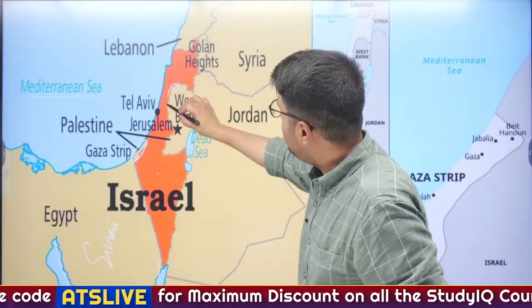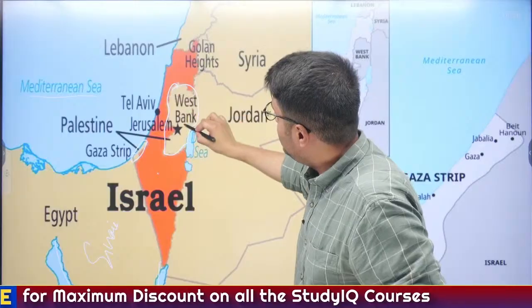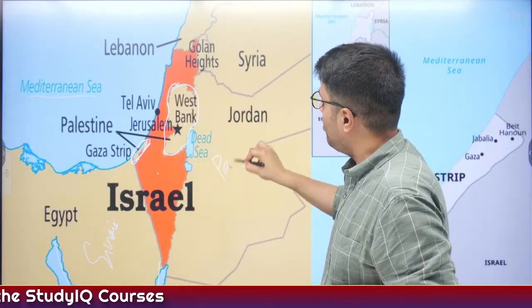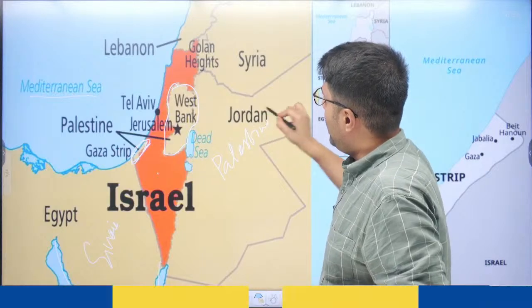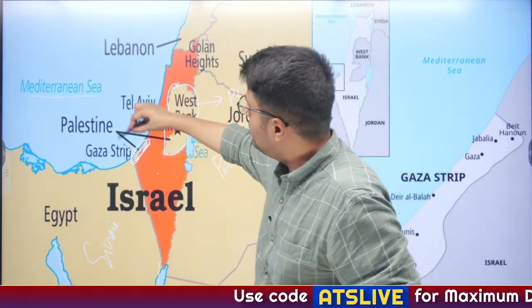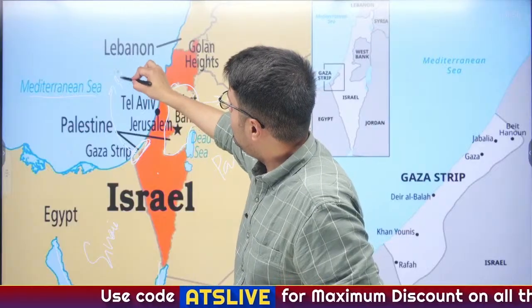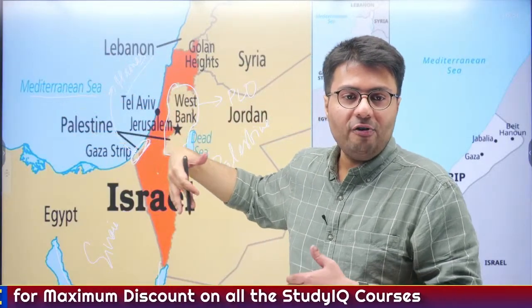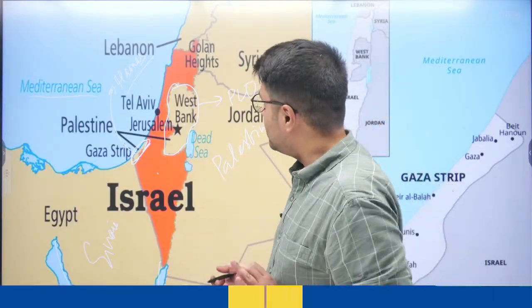So this is the territory of West Bank, and West Bank and Gaza are the official territories of what is known as the state of Palestine. West Bank is ruled by the Palestinian Liberation Authority. Gaza Strip used to be ruled by a terrorist organization known as Hamas. Hamas portrayed itself as a political organization, but its activities have led it to be declared a terrorist organization, right?